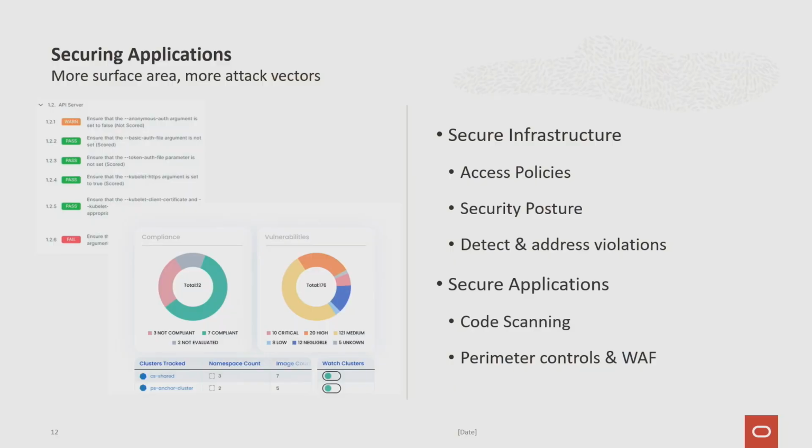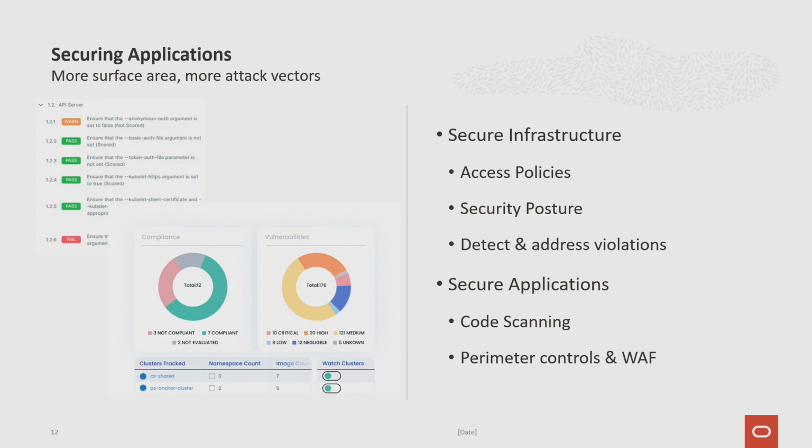So the first order of business would be securing your applications, right? Within a Kubernetes ecosystem, the main points to focus on when you're running in production are how you set up your access policies and how you evaluate your security posture.